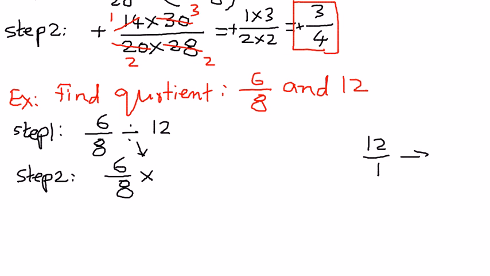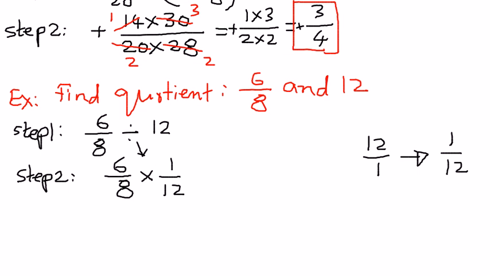If we want to write 12 over 1 as its reciprocal, we're going to write it out as 1 over 12. The denominator becomes the numerator, and the numerator becomes the denominator when we write it as a reciprocal. So therefore the reciprocal of 12 over 1 can be written as 1 over 12, and therefore we'll come back here and place that value there.